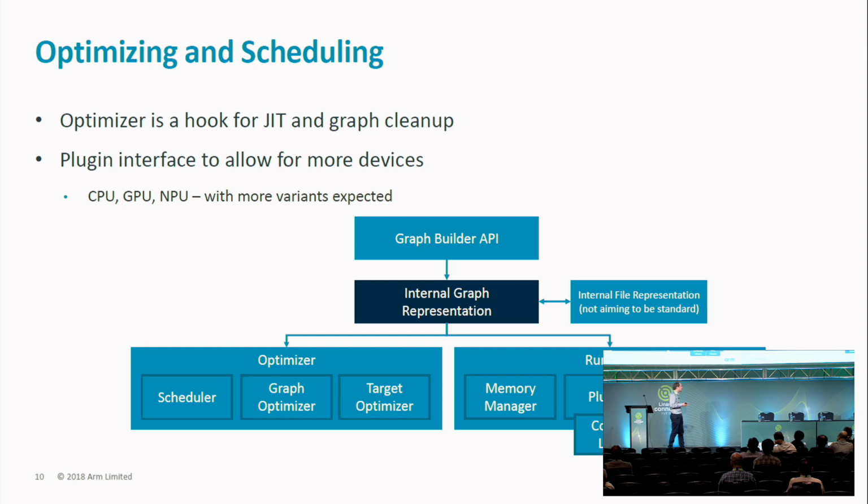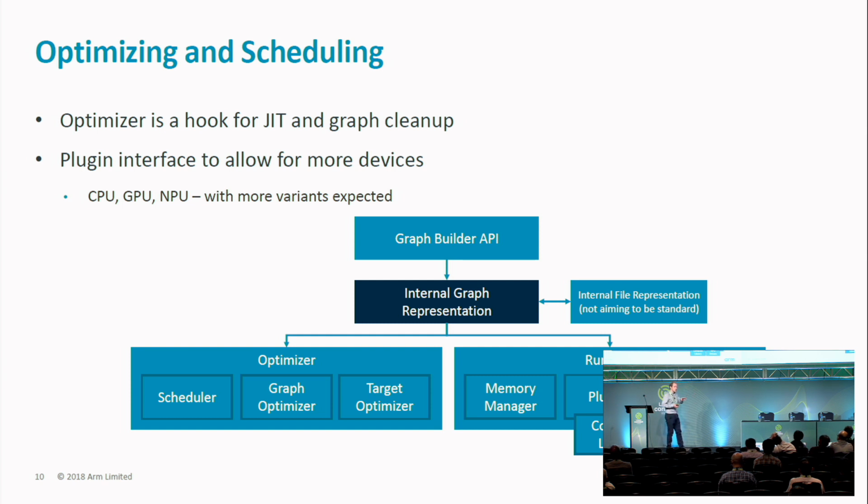But more often than not, we would expect then that this graph representation is passed into this runtime interface on the right here, through into the plugin device backends. And then each of those can do their own optimizations. So for example, with our NPU, it likes to take the full representation of the graph, so it can change the scheduling order of the graph and keep all of the data resident in local SRAMs to make more efficient use of our NPU.